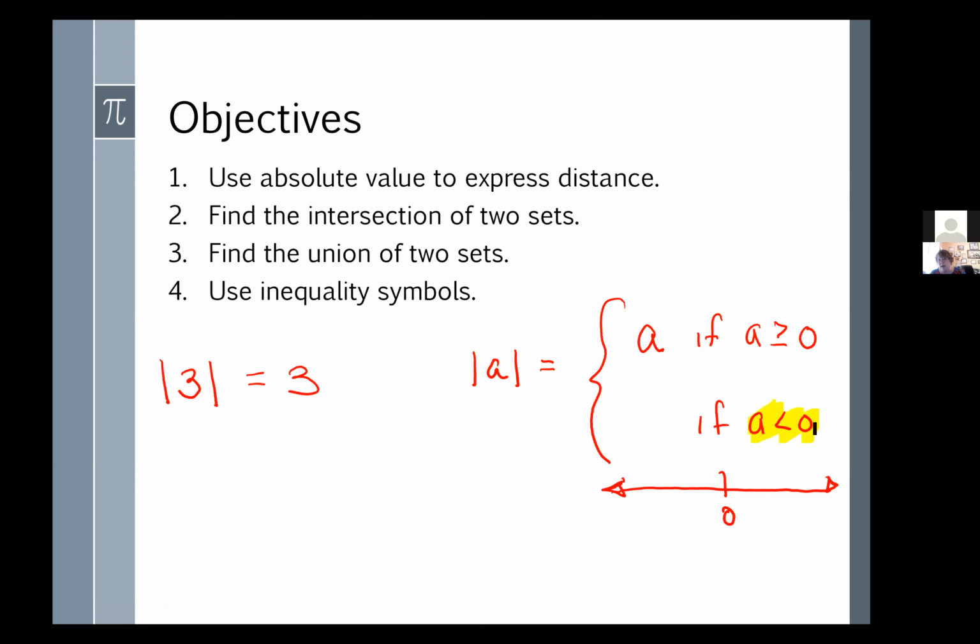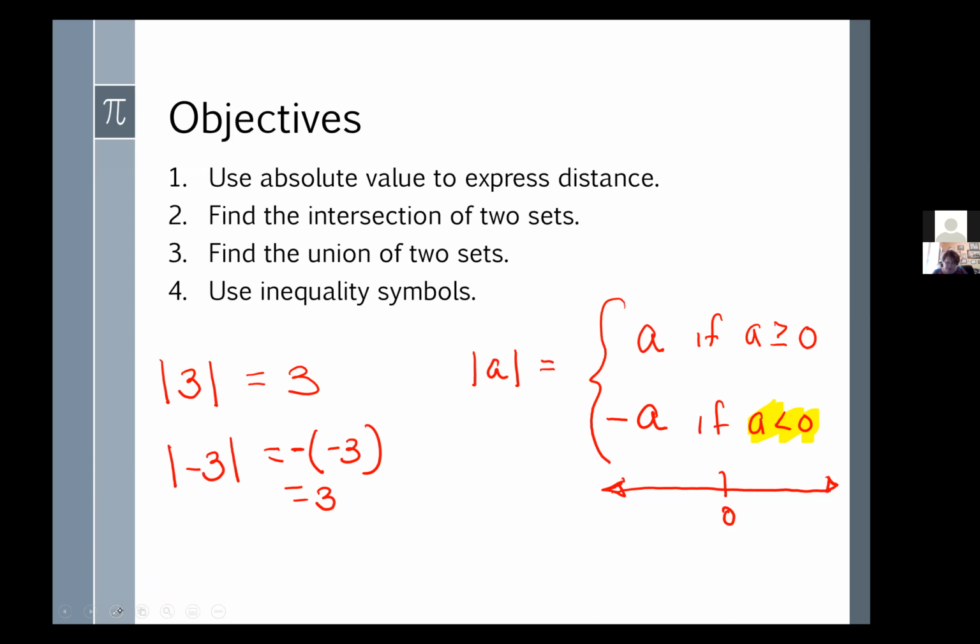So if I have an A and I have that arrow symbol pointing to the A, and then we have a 0, that means that number is less than 0, or that number is to the left of 0 on the number line. And to find the absolute value of a negative number, we change its sign. So the absolute value of -3 is technically, we change the sign of -3. And what happens when you change the sign of a negative, you get a positive.